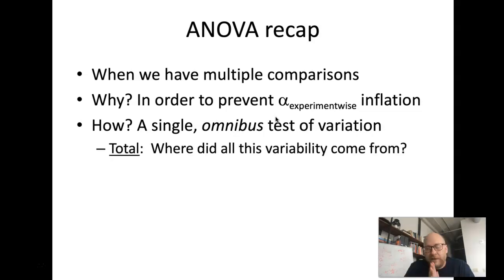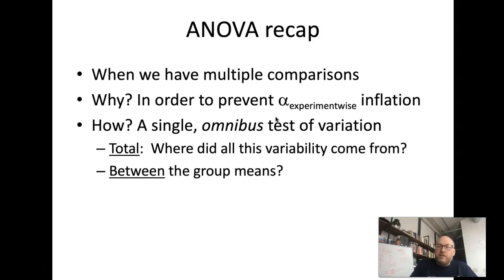All right, so if you have a situation with 3 conditions, like Mozart, jazz, and silence, at the end of that, you could lump all the individuals from all the groups together and calculate variance for the whole group. And you would have this giant spread of variability, and you would have to ask, well, where does that come from? And we break it down into 2 sources.